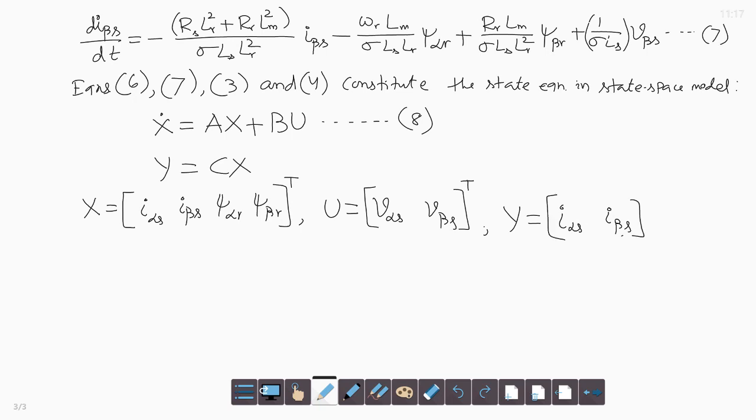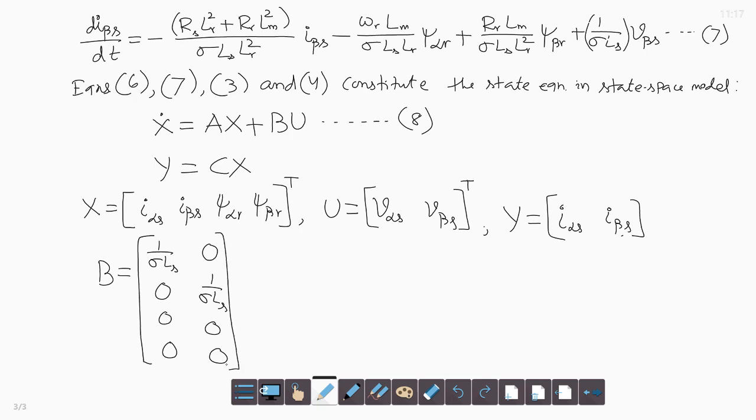So, with this, what is the input or control matrix B? That is 1 by sigma Ls, 0, then 0, 1 by sigma Ls, 0, 0, 0, 0. This is the input matrix.